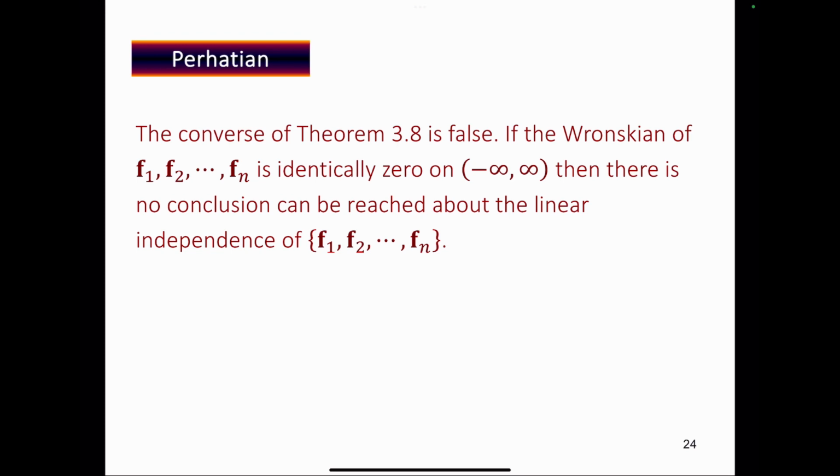Recall that the theorem says that whenever the Wronskian is not equal to 0, then the vectors f1, f2 up to fn form a set which is linearly independent.